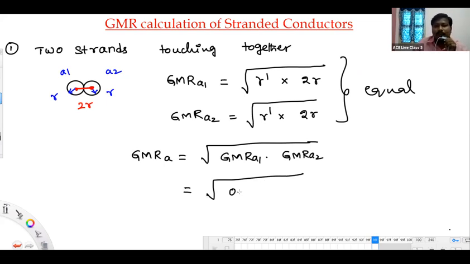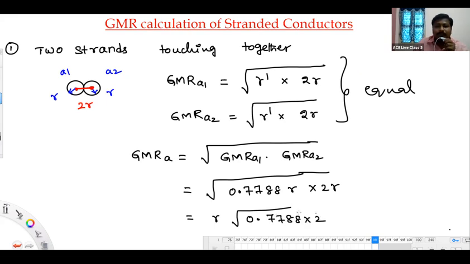So it is the square root of 0.7788 r into 2r. You can take small r common, r squared under the root means r will come out of the root, and we have the square root of 0.7788 into 2. Kindly tell me this number. Else you calculate it and take that value. Please complete it quickly.